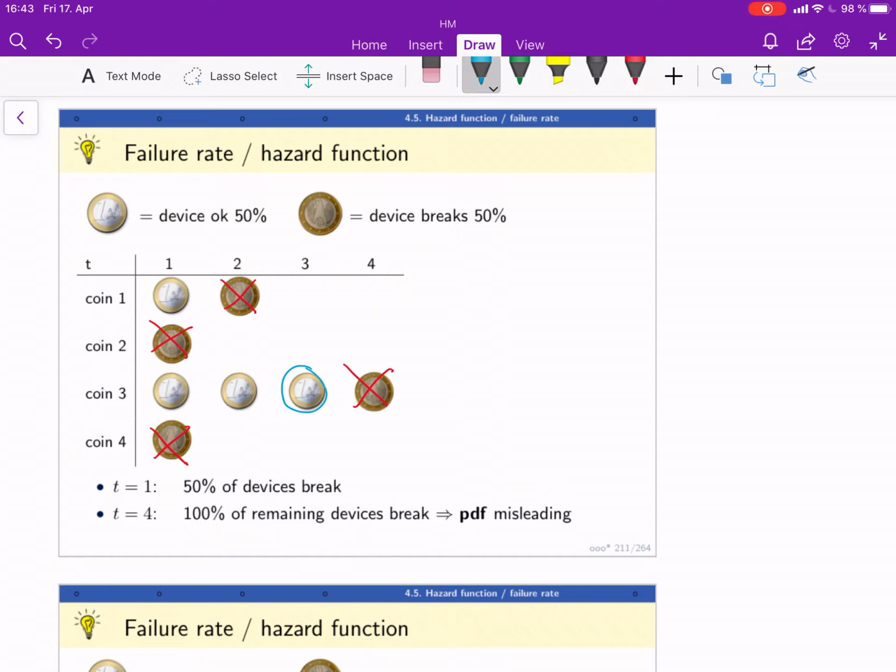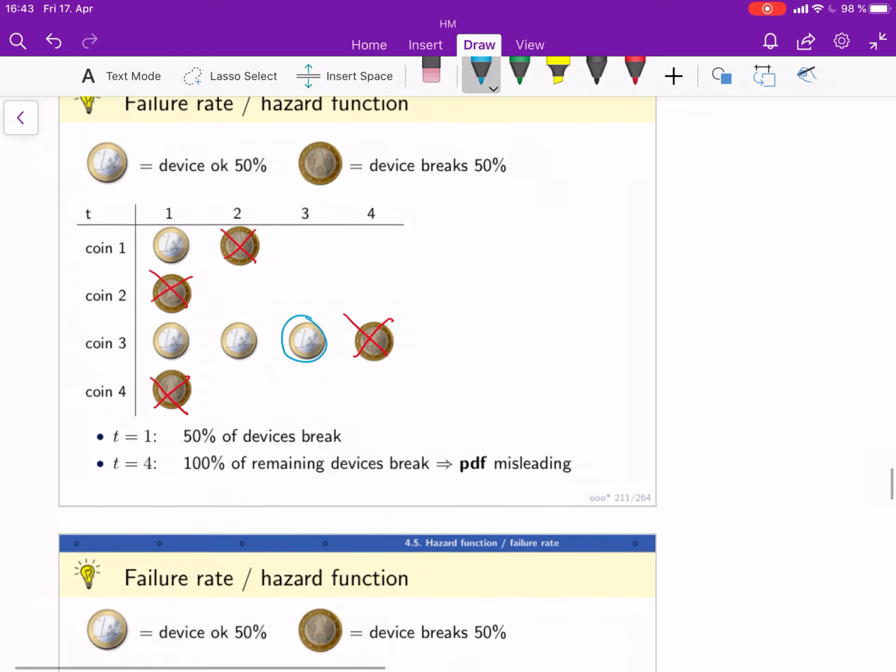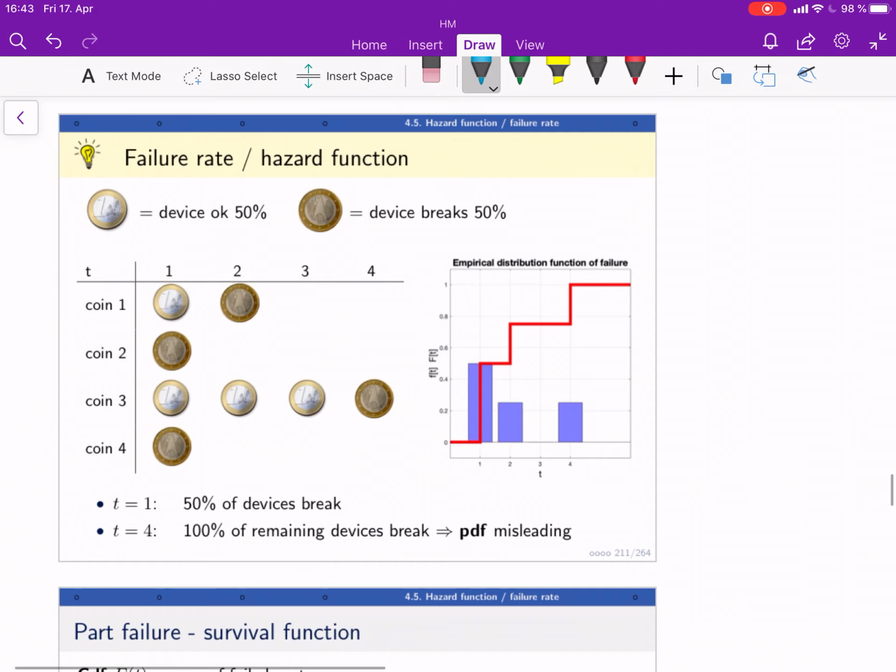Now, if we look at the probability density function for this whole thing, we can only show an empirical distribution function here, because it's not a proper probability model.